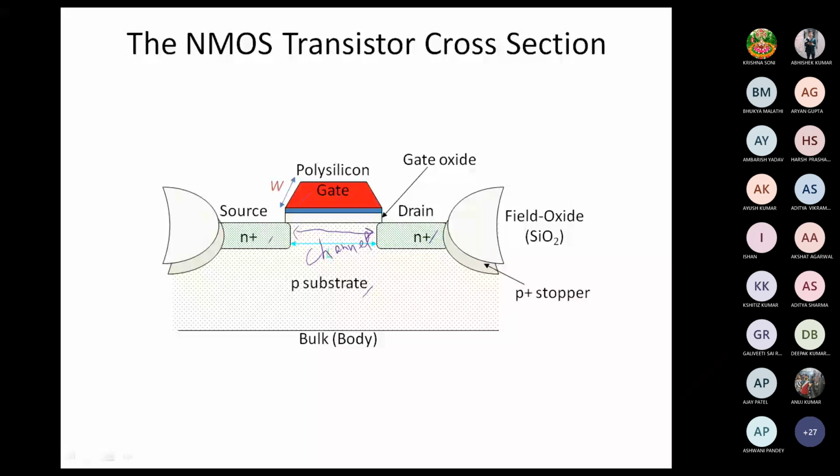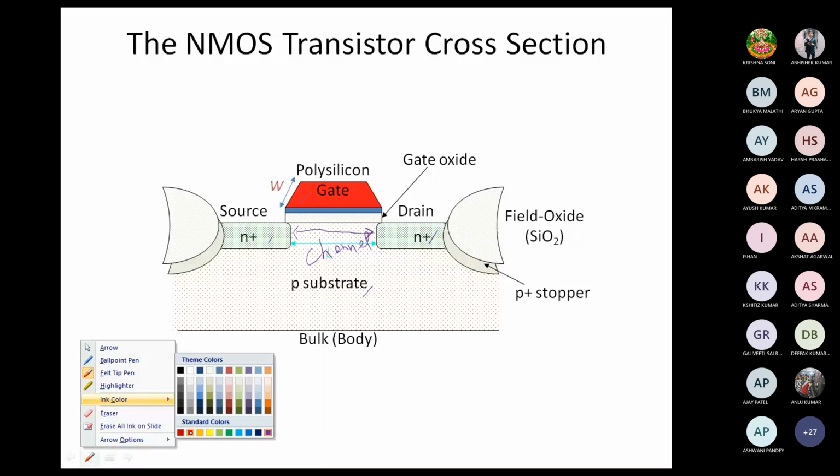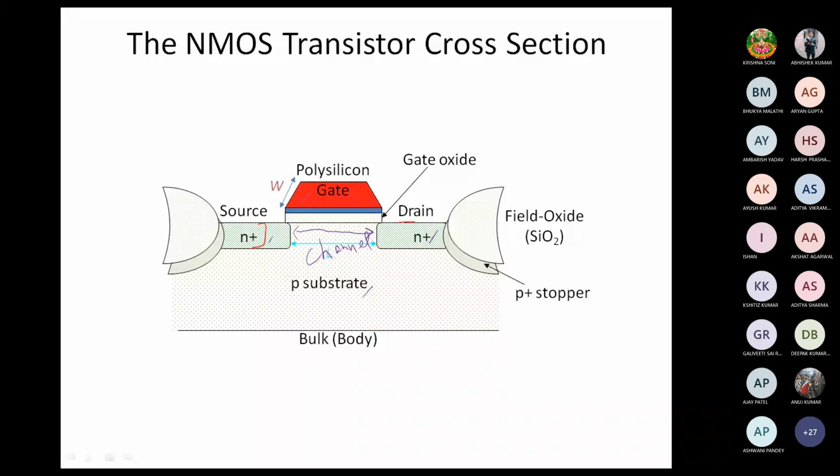Sometimes a part of the source and drain comes under the gate, and sometimes there may be cases in which the source and drain are away from the gate region. Depending on this, we call it overlap or underlap.